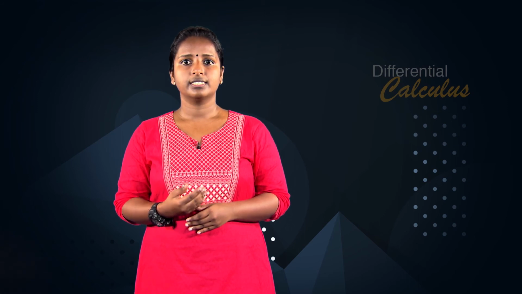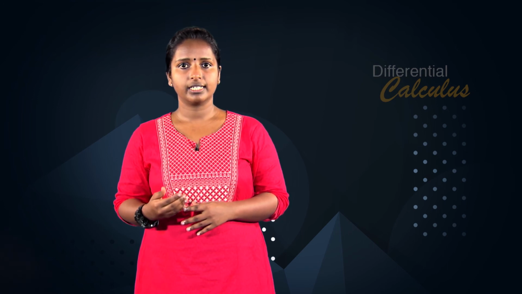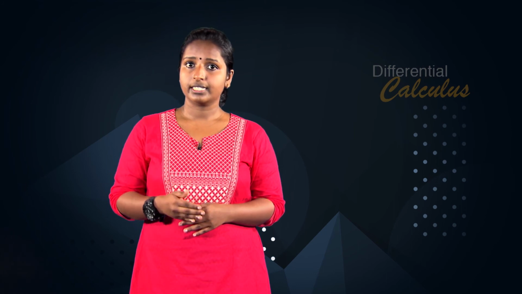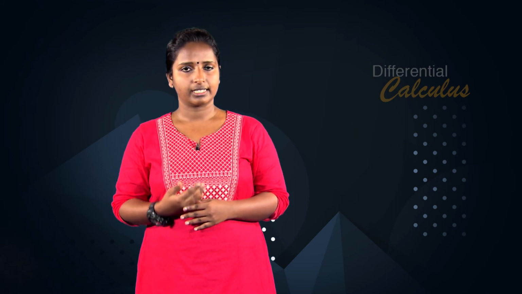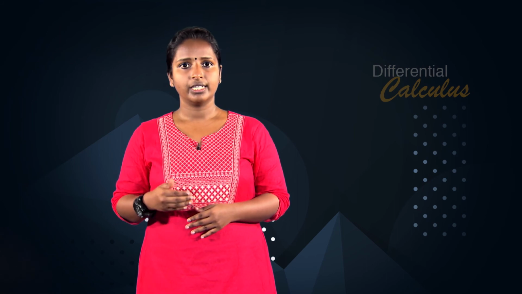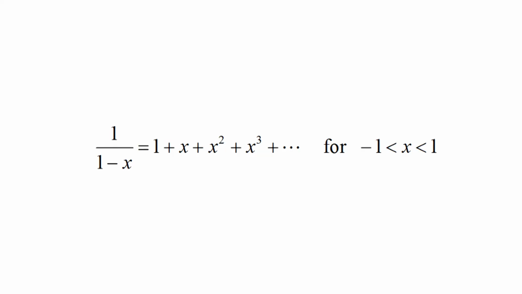For example, since the sum of the geometric series 1 plus x plus x square plus x cube plus etc. is 1 upon 1 minus x for negative 1 less than x less than 1, the function 1 upon 1 minus x is represented by the power series 1 plus x plus x square plus x cube plus etc. on the interval negative 1 less than x less than 1, and we write 1 upon 1 minus x equal to 1 plus x plus x square plus x cube plus etc. for negative 1 less than x less than 1.